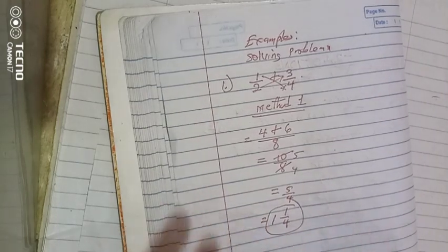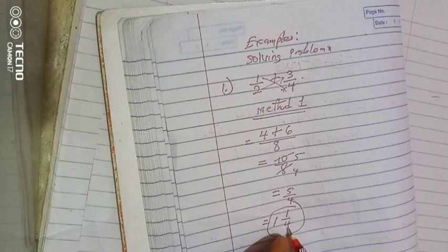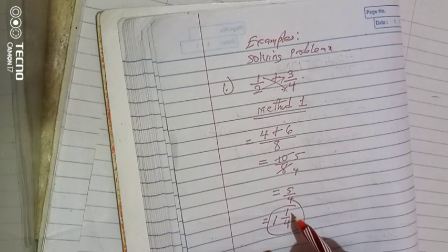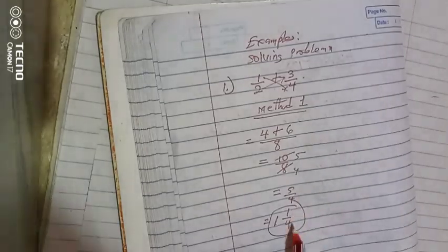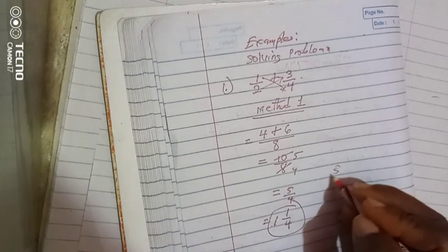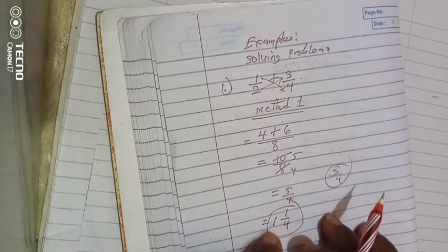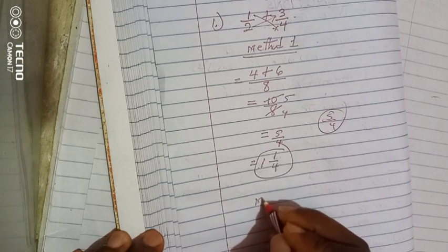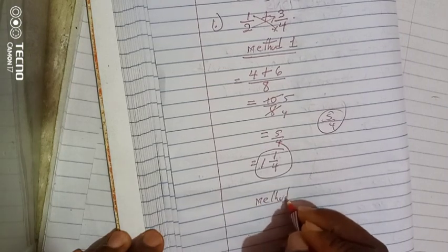To prove that, you take the denominator, multiply by the whole number, and add the numerator to it. It will bring back the improper fraction. That is 4 times 1 is 4, plus 1 is 5, so it becomes 5 over 4 also. So this is our answer. Then I go to method 2.